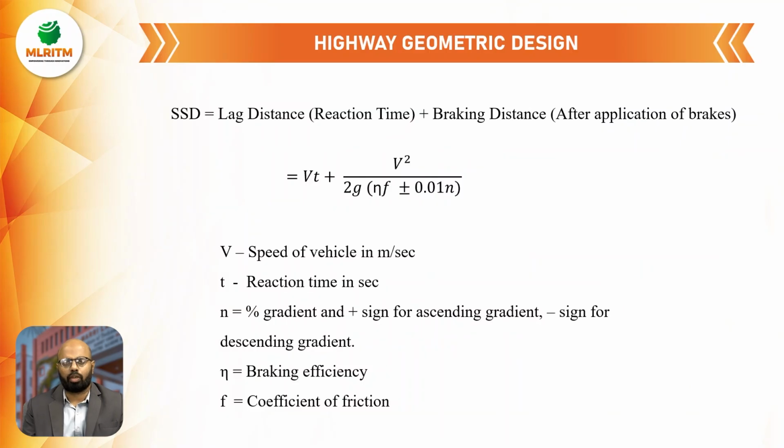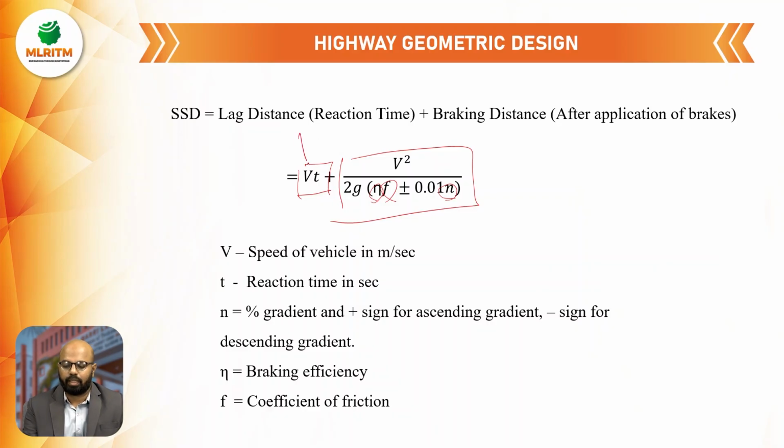In the formula, Vt is the reaction time distance, that is the lag distance, and V squared by 2g(eta f plus or minus n) is the braking distance.